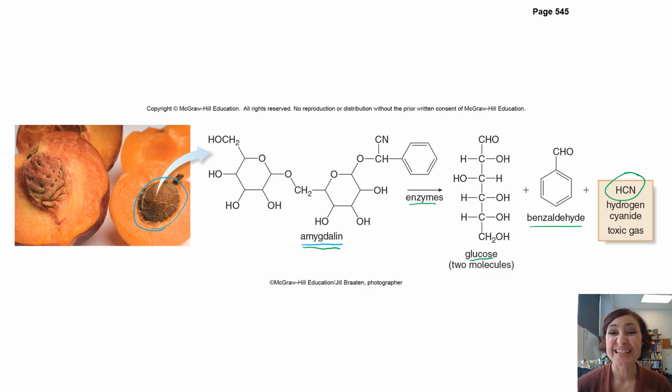Hydrogen cyanide will indiscriminately kill cells. It doesn't actually target cancer cells. So it may appear that your cancer is going away because the hydrogen cyanide is killing cancerous cells, but it's also killing healthy cells as well. And furthermore, some patients that were in the study started to show signs of cyanide poisoning, but not cancer remission. So be careful with those at-home drugs.